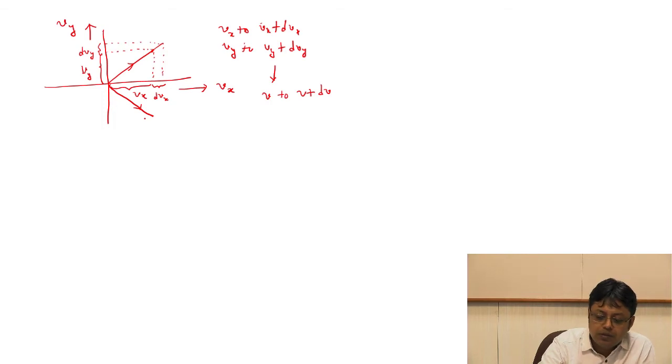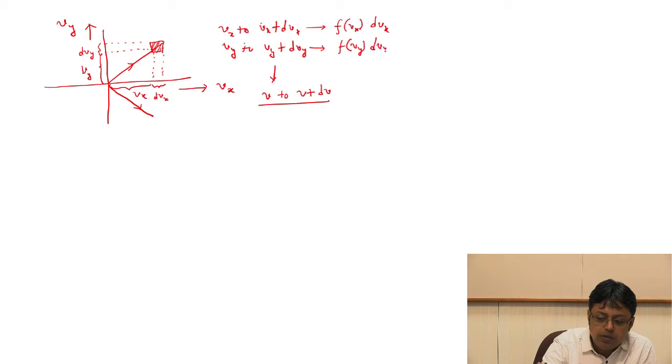So this quantity, since it is independent of direction, what I have to do is that instead of calculating this dvx dvy, what is dvx dvy? Dvx dvy is nothing but the volume element, or in this case actually it is the area element because it's a two-dimensional thing. Now remember that function was f of vx into dvx, and that function was f of vy into dvy.